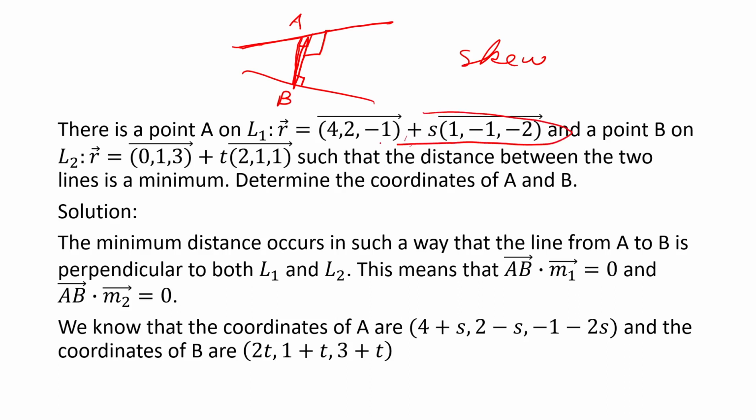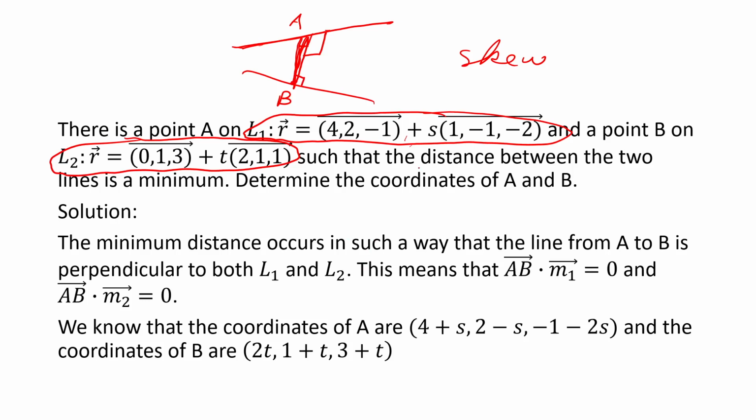The equation for L1 is given here. And there's a point on L2, which is given by this equation here, where again the little line segment from A to B will be perpendicular to both.